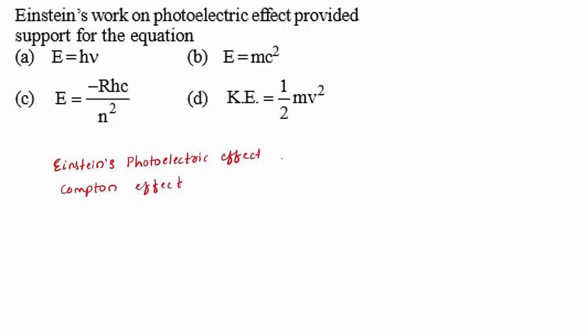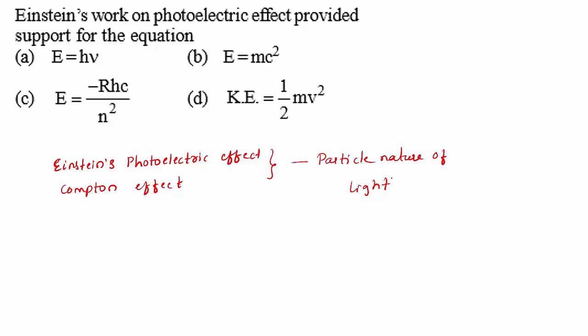These two established the particle nature of light, and these effects can be explained only when we assume that light has particle nature. To explain interference and diffraction, light must have wave nature.